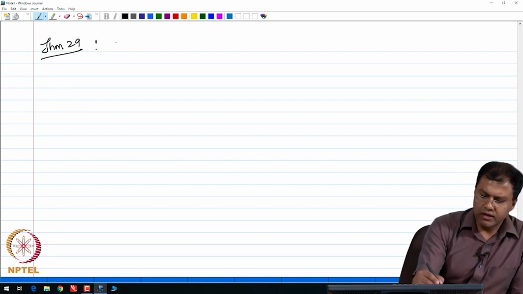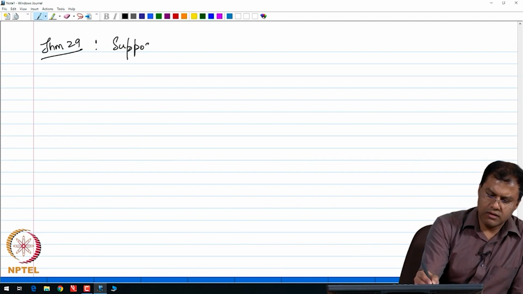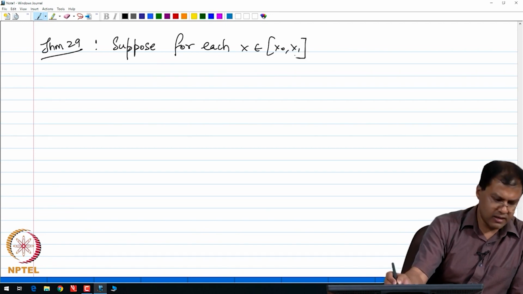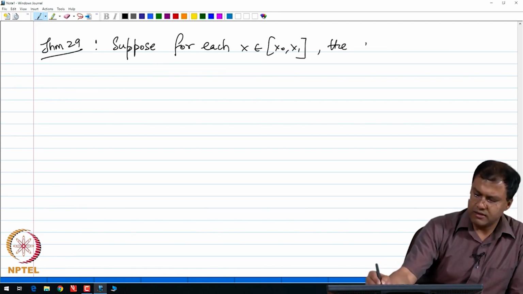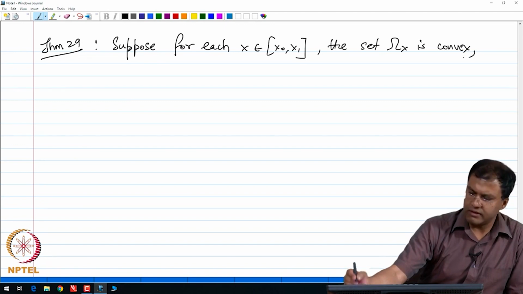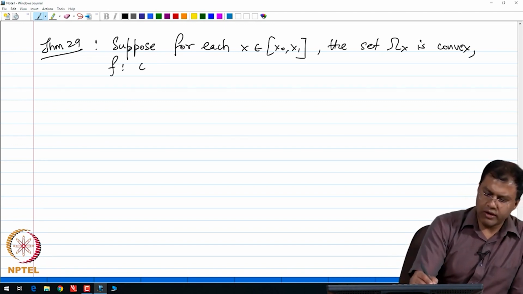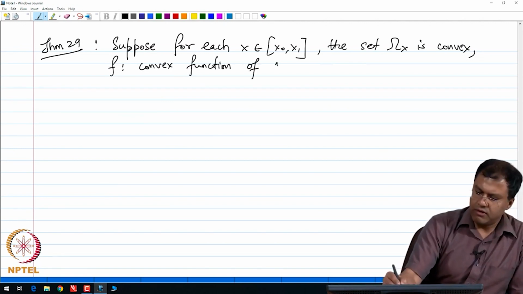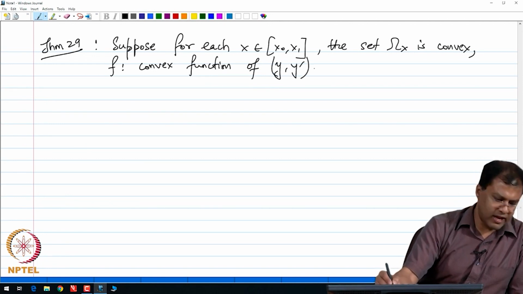So, it says the following: suppose for each point x in x naught to x 1, the set omega x is convex, and suppose f is also a convex function of the points y, y prime in omega x.